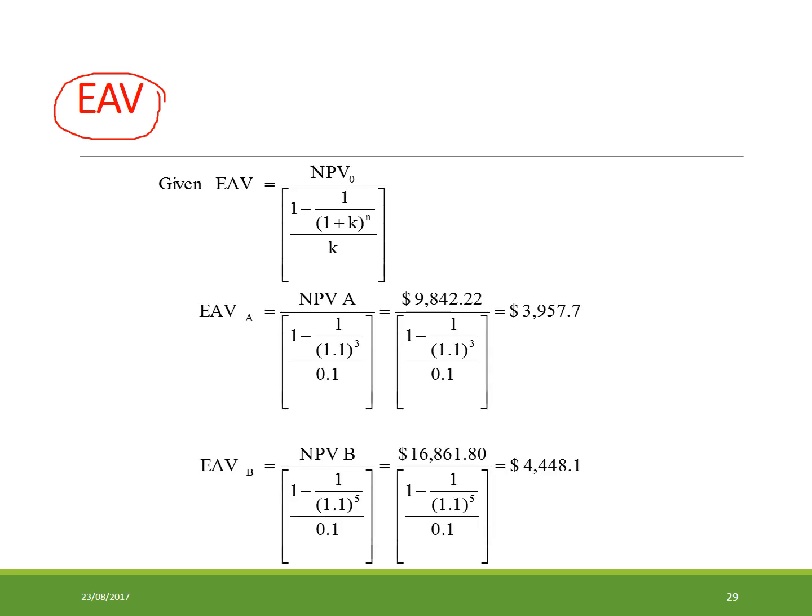So if we were to use the EAV method to compare these two projects, what would we do? Given that we calculated the NPVs for the two projects from before, we can then apply the EAV formula to work out the EAV for each of the projects, right?